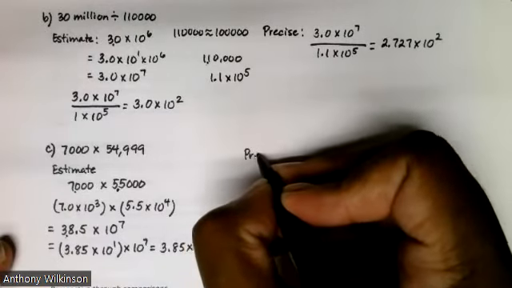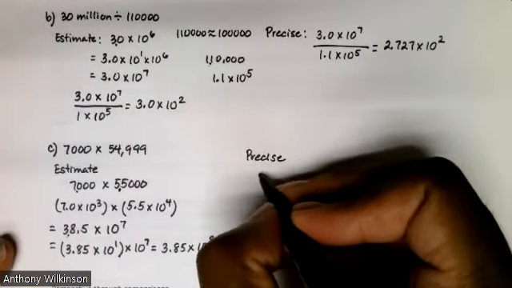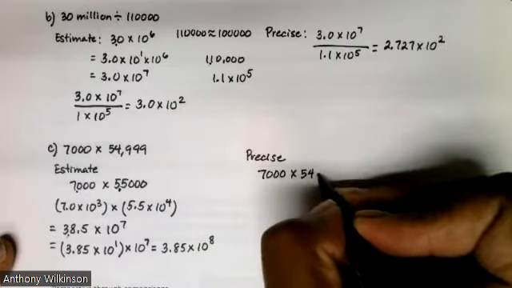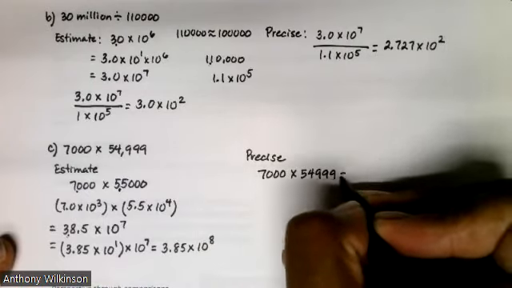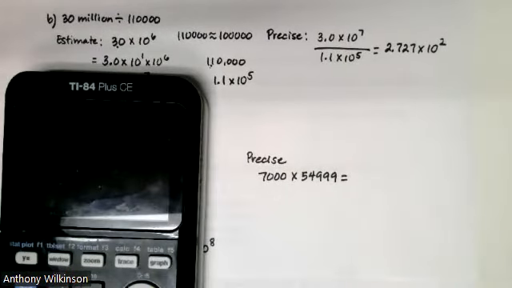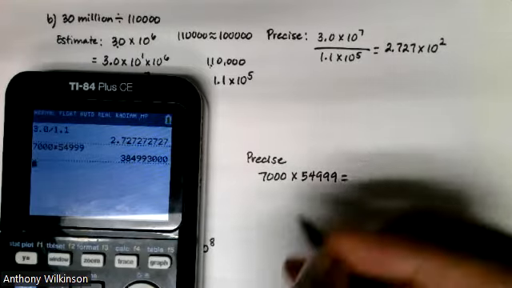Now for the precise answer, that means we take 7,000 times 54,999, and we're going to have to use the calculator for this. And that is the big number that you're going to get.